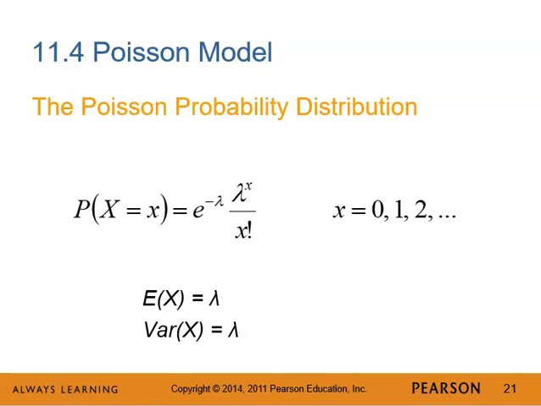So in the next slide, slide 21, you can see that we use this formula to calculate the probability of x to be a certain value. So let's say you want to know, for example, the number of calls.